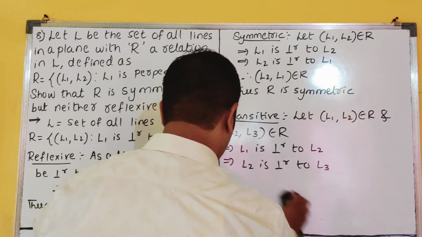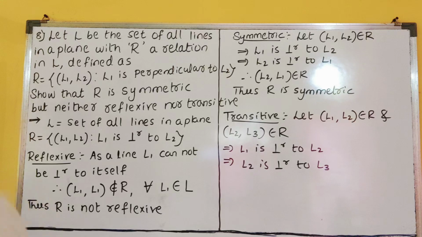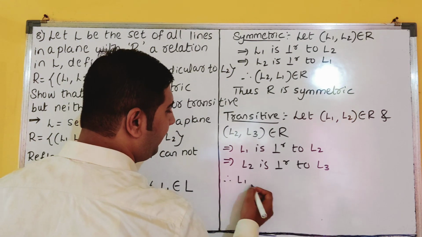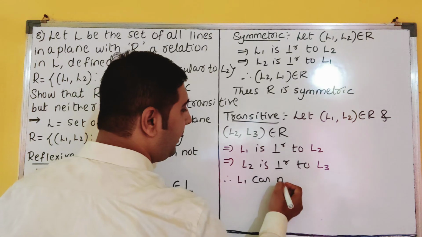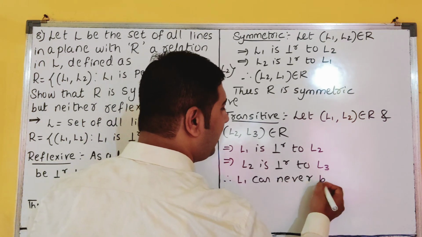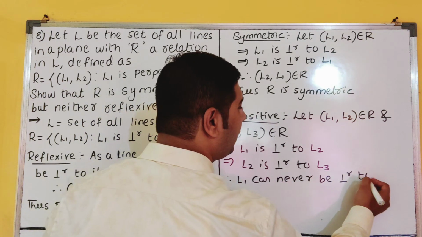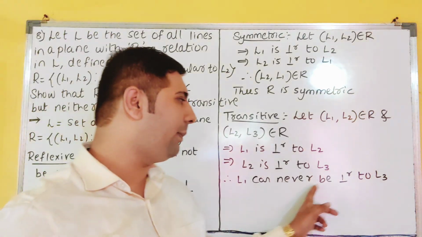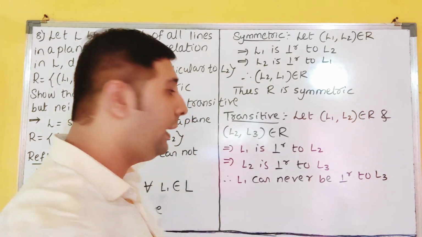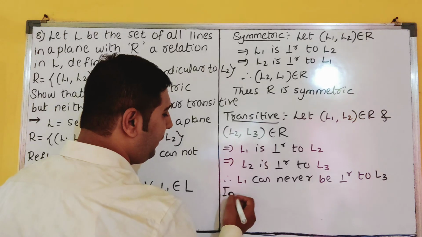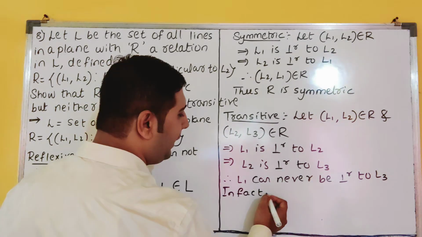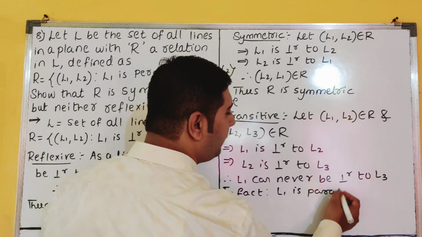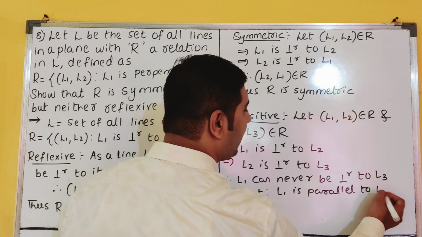This is not possible. So therefore L1 can never be perpendicular to L3. In fact, L1 is parallel to L3, dear students.